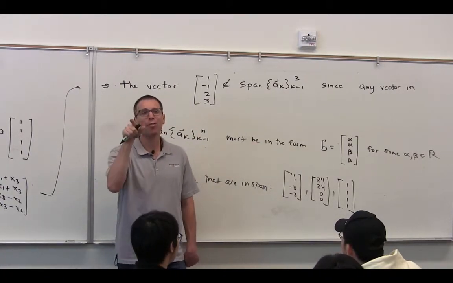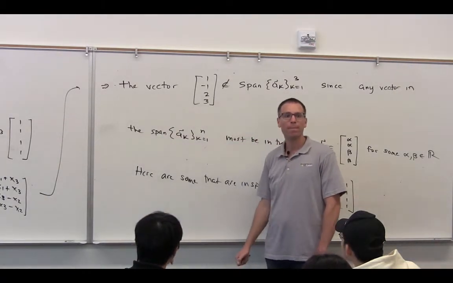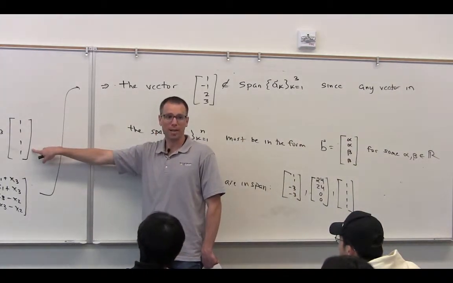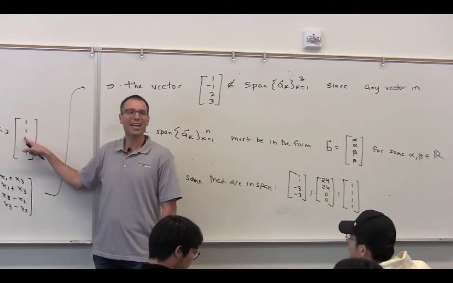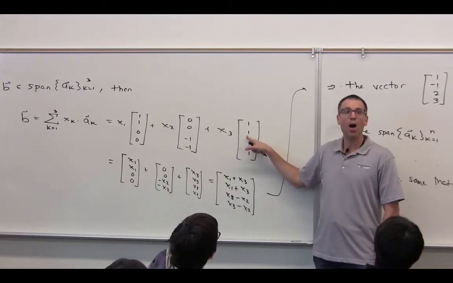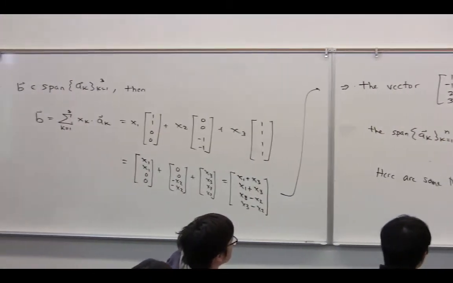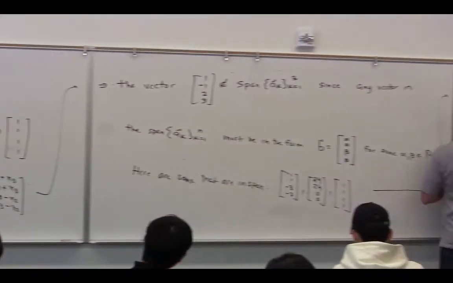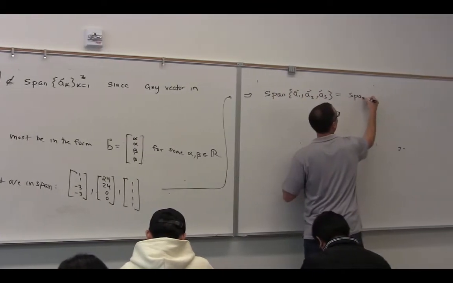Did you need A3 in order to generate this span? A3. Sam just said something very, very interesting. Sam just said that the third vector A3 could be written in terms of the vectors A2 and A1, which says, this is actually exactly where I wanted to go with this one, that the span of A1, A2, A3 was actually equal to what?